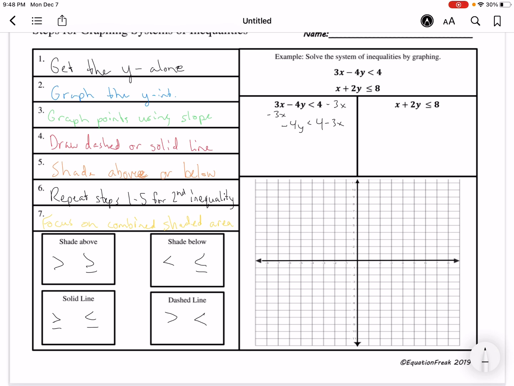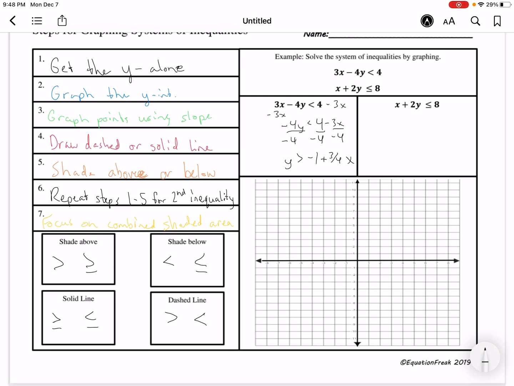I'm going to divide all my pieces by the number in front of y, which happens to be negative 4. Again, when I divide by a negative, I'm going to flip my symbol. Don't forget. 4 divided by negative 4 is a negative 1. And then negative 3 divided by negative 4 is a positive 3/4 x.